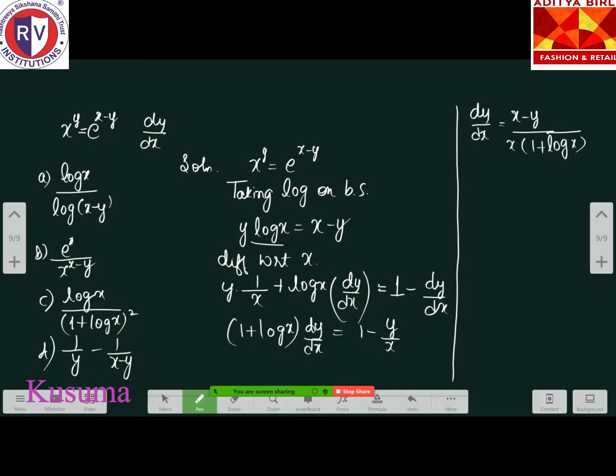We have to bring this answer to any of the forms. Can anybody tell what we can do? Any ideas?